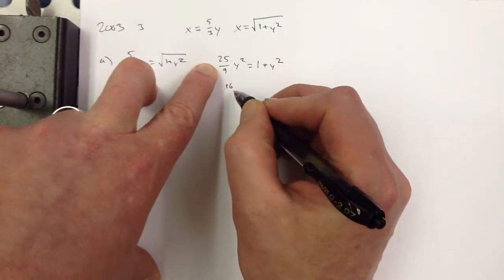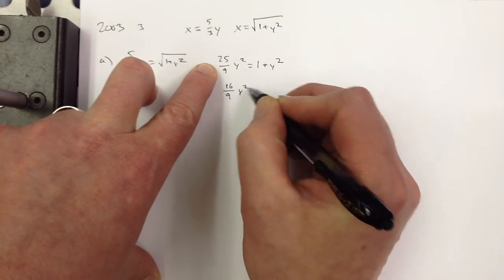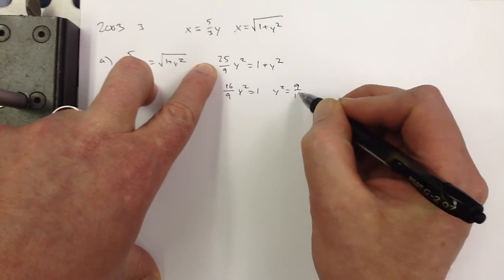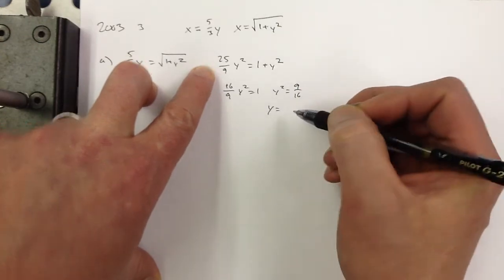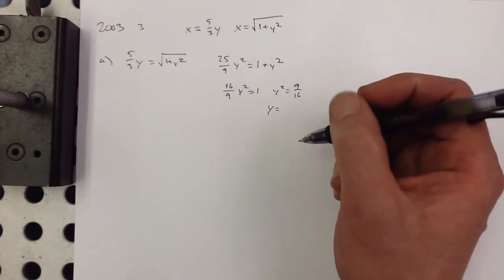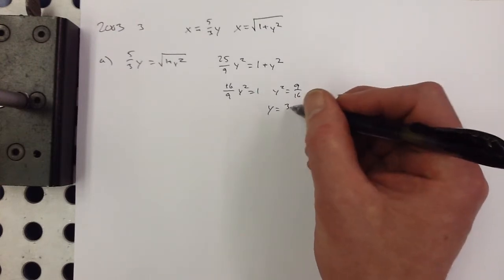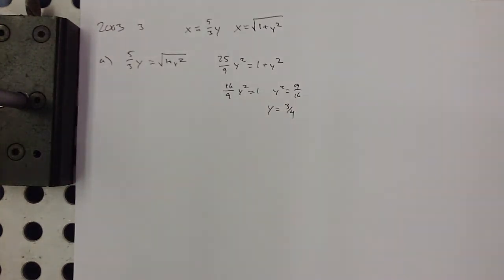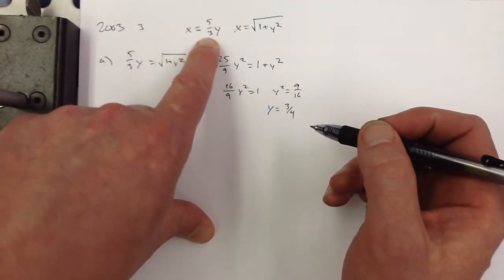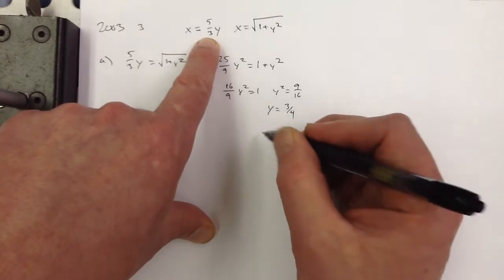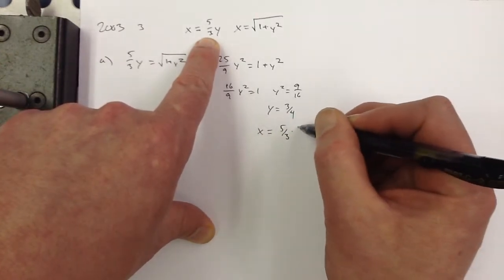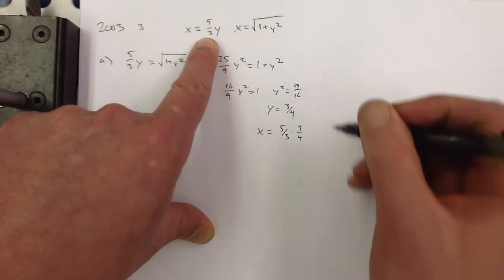16 over 9, y squared equals 1, so y squared is equal to 9/16, so y is plus or minus 3/4, but I think this is obviously positive, right? It's obviously a positive y value, so y is equal to 3/4, and then since x is equal to 5/3 times y, x would be 5/4.